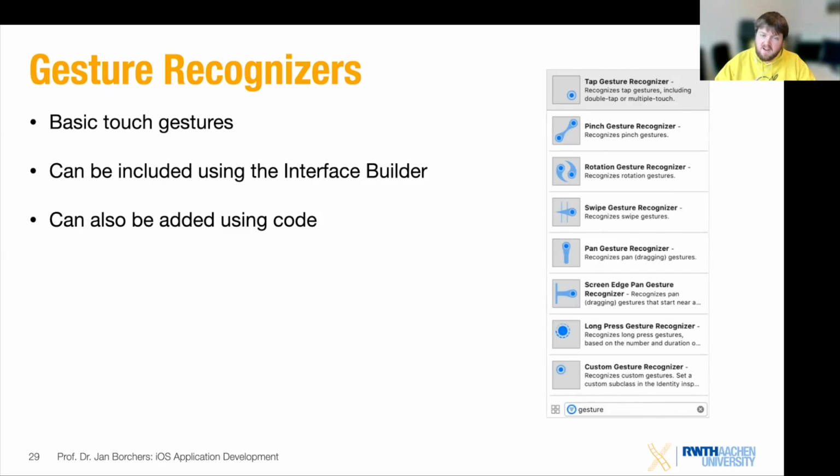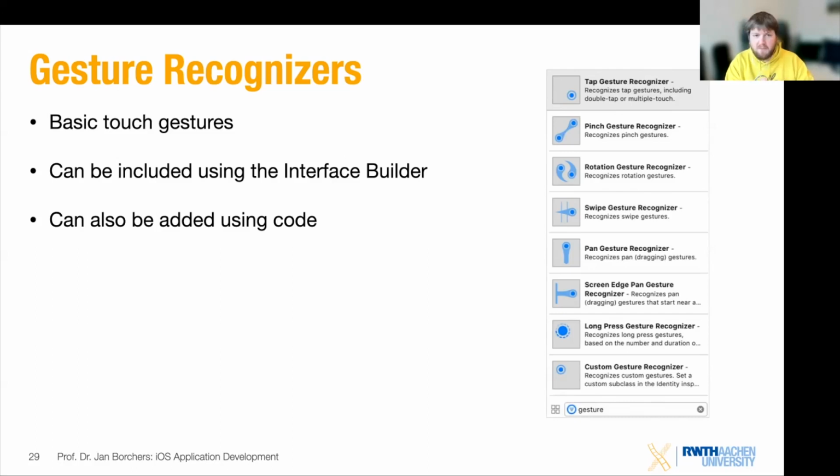And there are a lot of different basic gestures already in there. For example, detecting pinching, which will also give you a scaling amount so you know how much the pinch gesture has been performed. For rotation, what sort of rotation happened, whether there was a swipe, whether it was a panning around, or more specific gestures like panning in from the side of the device.